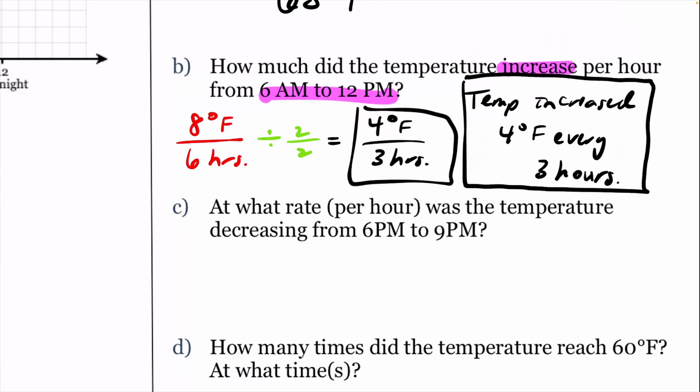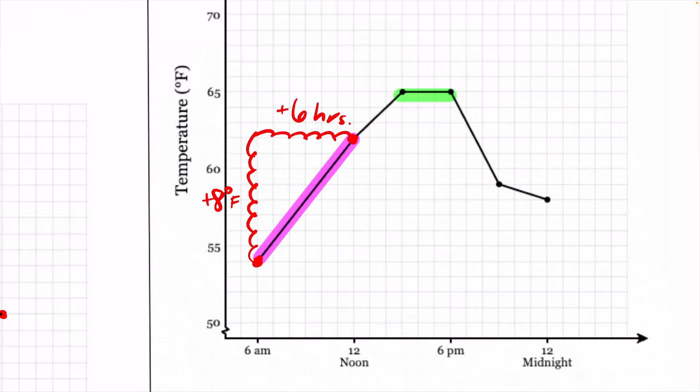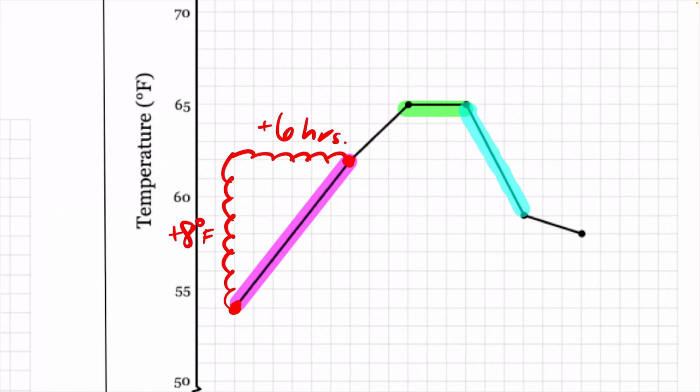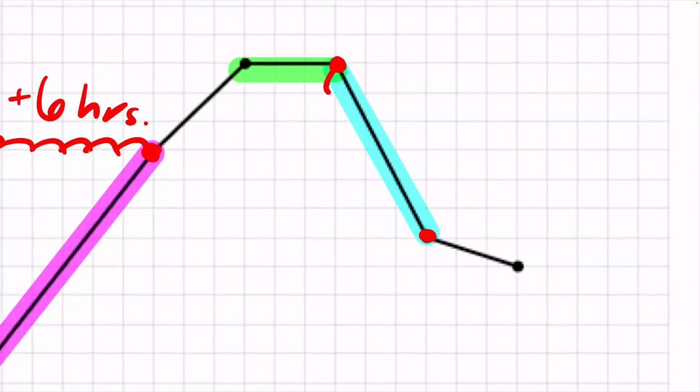Okay? Two more, then we're done. At what rate did the temperature drop, decrease, from 6 to 9 p.m.? Right there. We're going to do it the same way. I'm going to go from red dot to red dot. So this one I'm not going up, I'm going down, right? So how many am I going down? 1, 2, 3, 4, 5, 6, right?